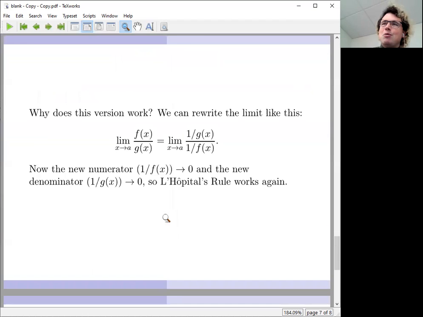You can still do this kind of trick to rewrite the formula inside the limit and still end up using L'Hopital's rule. So this is a very useful technique for calculating limits of functions that otherwise we just wouldn't be able to get a grip on.